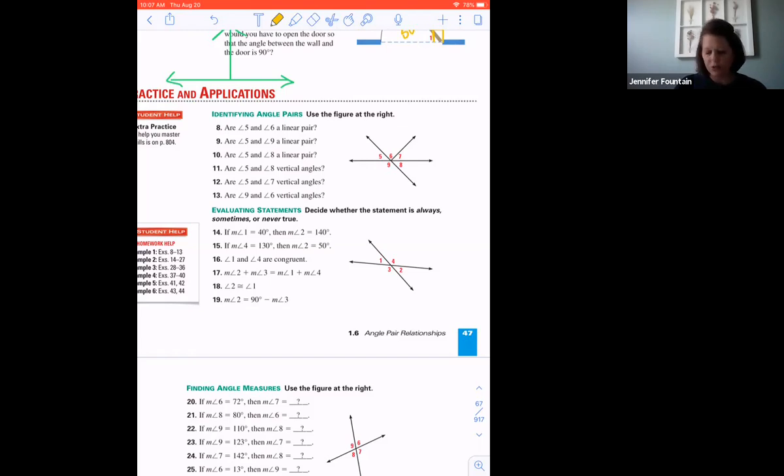Then we're going to turn the page to 48, and we will do 20 through 36 evens.